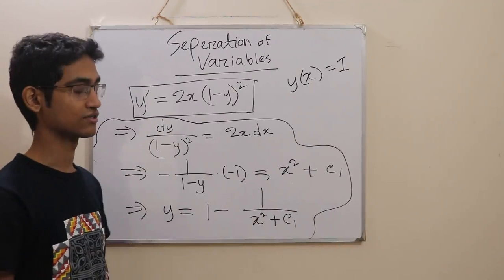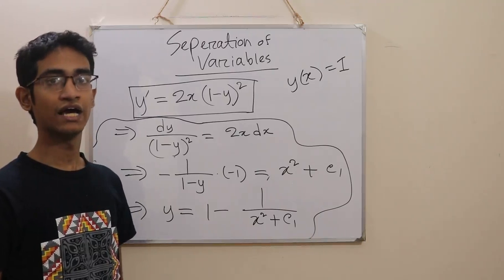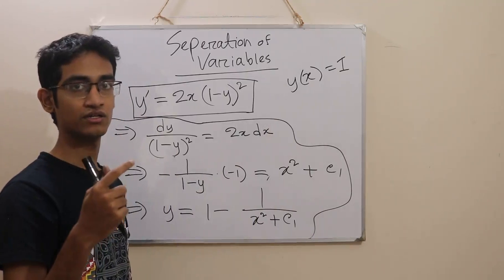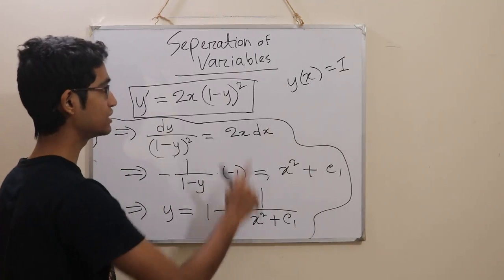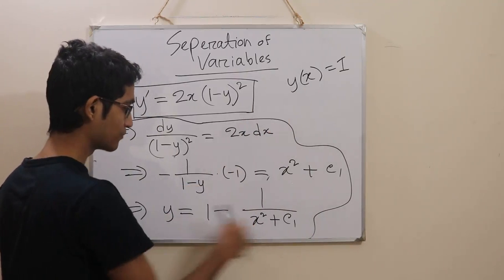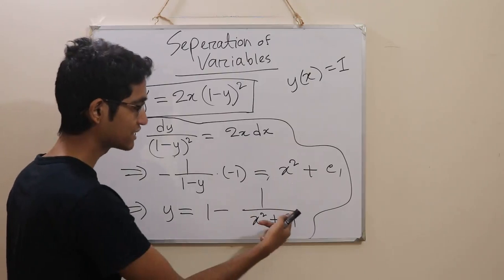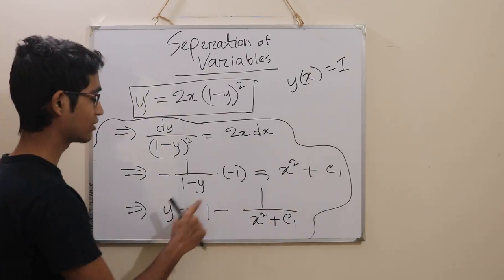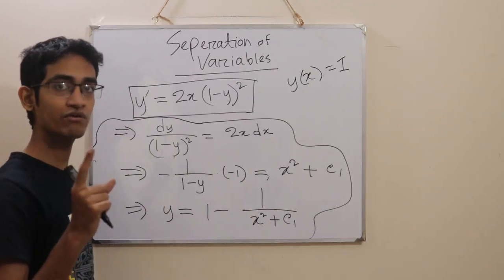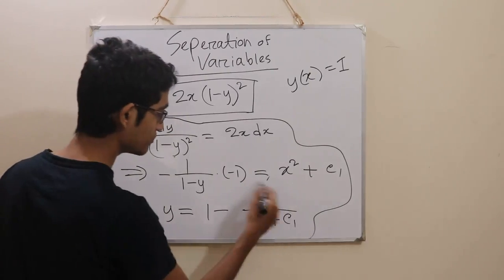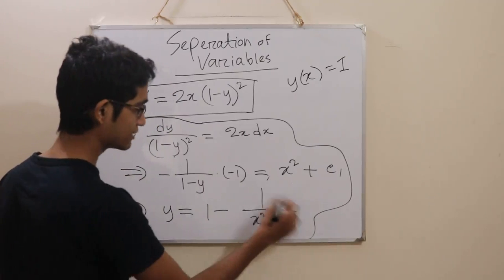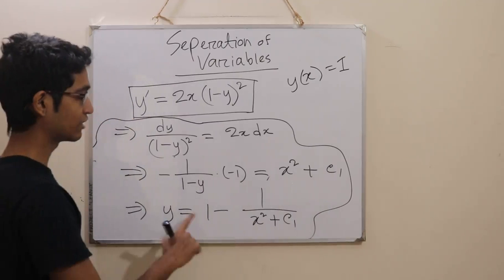Now, as we know that this is a solution, it should follow that we should be able to get it from the general solution just by changing the parameter c1. Now how will we get y equal to 1 out of this? The only way is if we make this part 0, because there is already 1 here. If we make this part 0, then we will get y equal to 1.